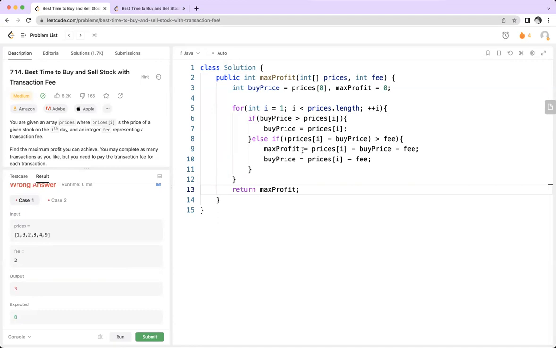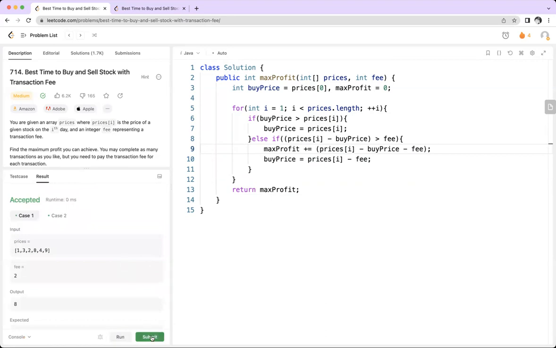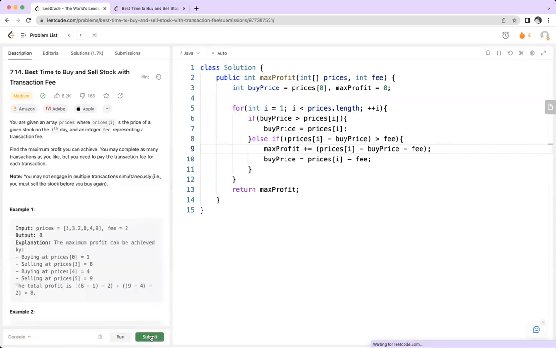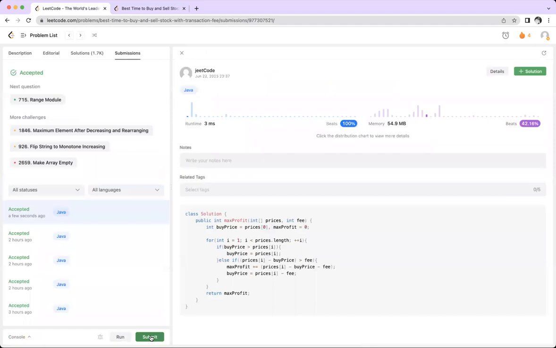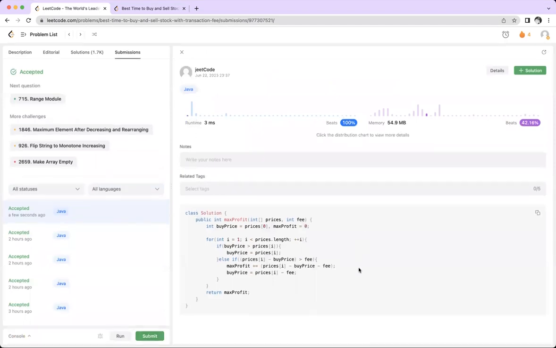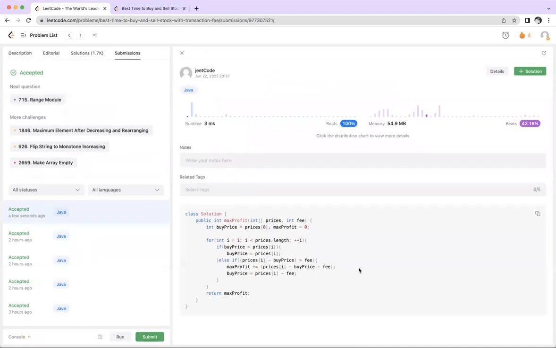Correct? Yeah, it should be like this. Okay, now run this. Perfect. And see, this solution is beating all other solutions. So this is one good way to solve this problem.